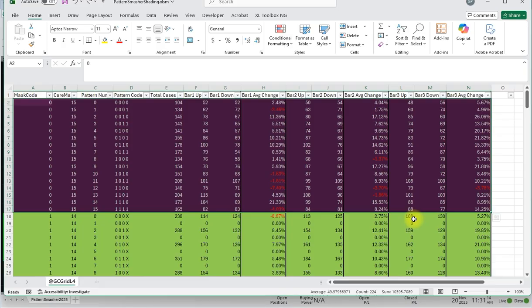But what bothered me about PatternSmasher 2024 and its derivatives of 2018 was that it was very stringent. Each day, in this example we're using daily bars and closing relationships, had to fit a certain mold. Today had to be something, yesterday had to be something, the day before that had to be something, and the day before that.